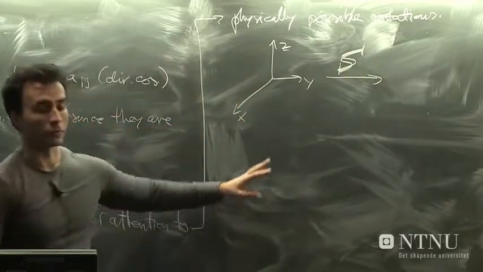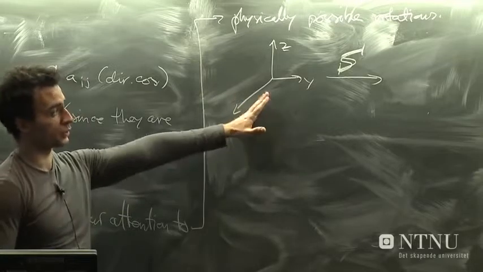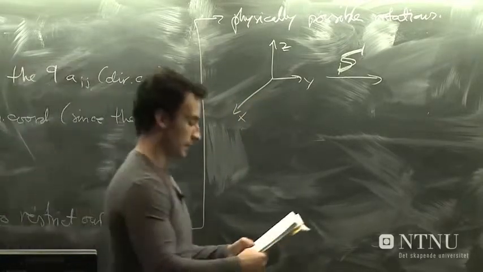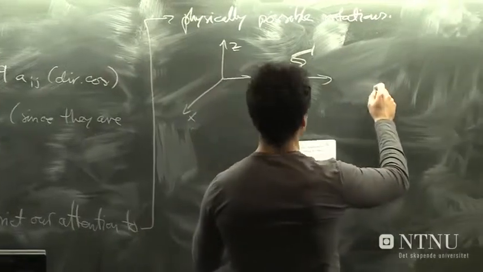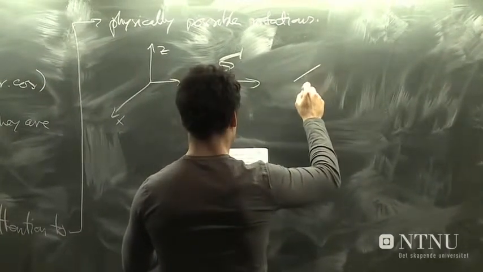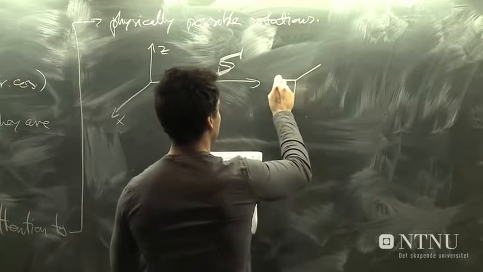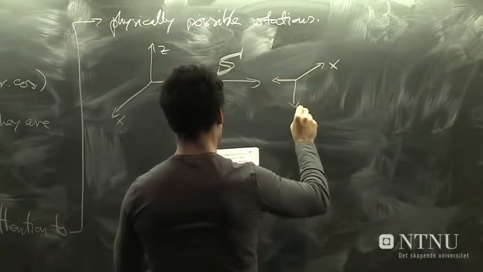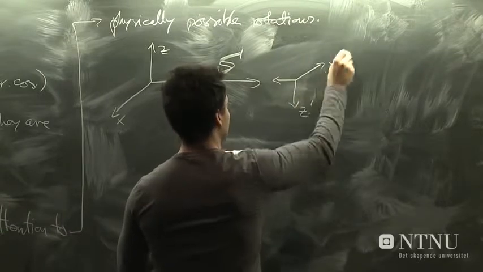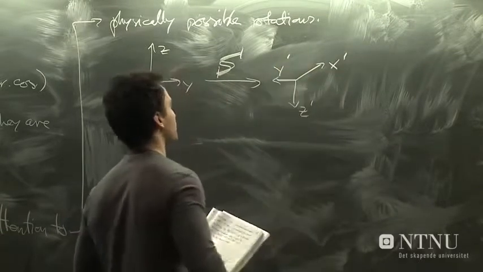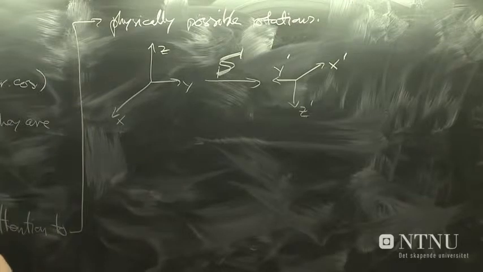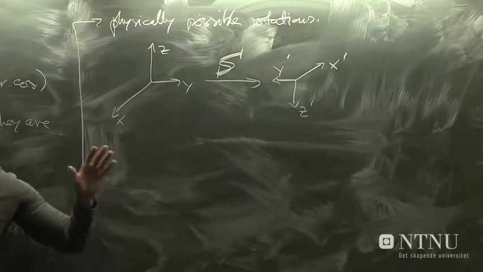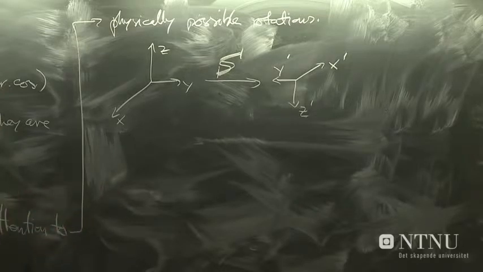And let me now perform a transformation on this coordinate system, which takes it to a new coordinate system. As you can see, what I've done here is that I've just inverted all the axes.